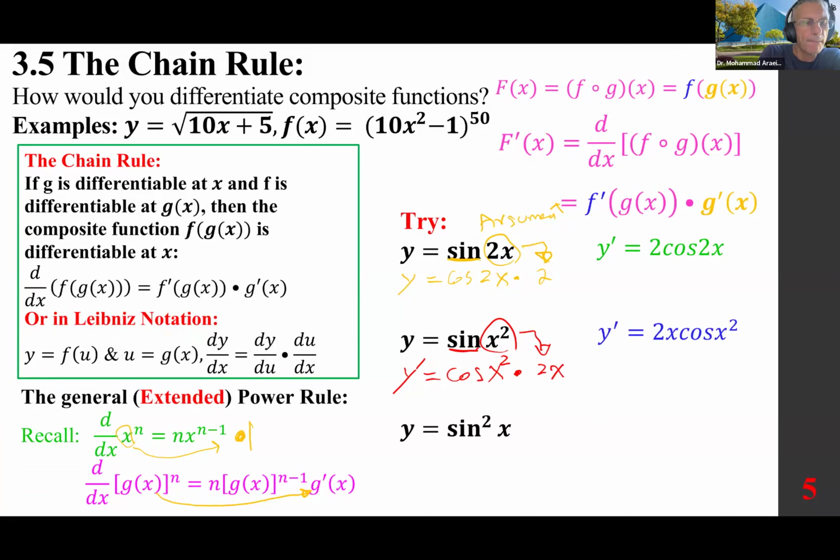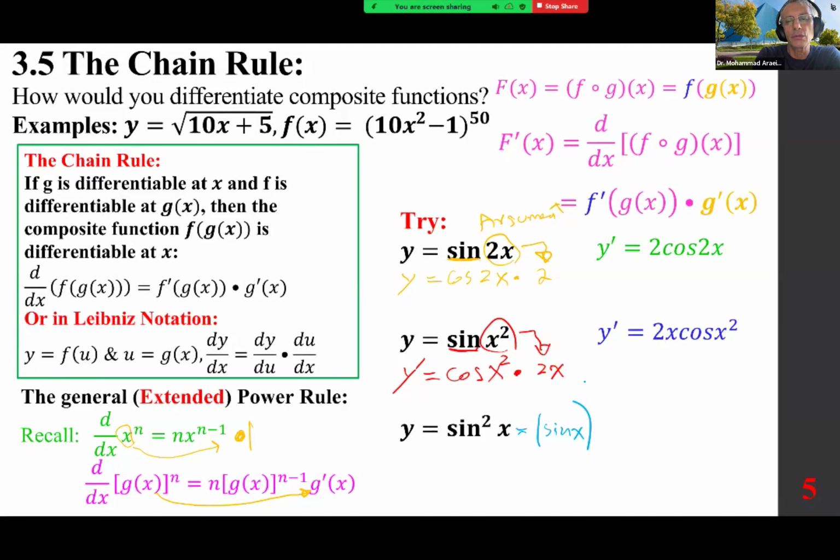And this one, perhaps if we rewrite it as sine x to the second power, we notice we are going to use the extended power rule, which makes it easier to see.